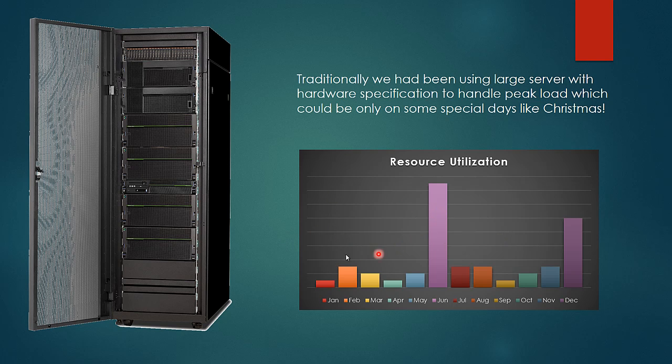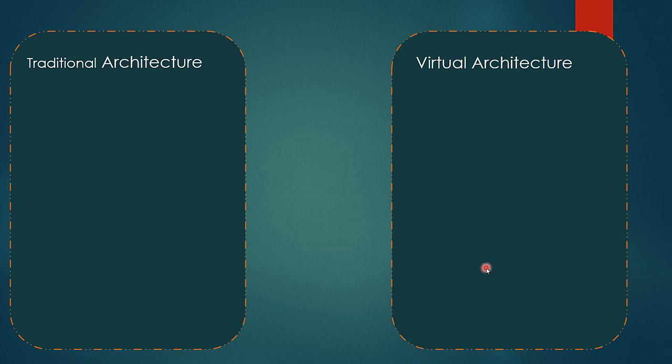This is where we lose a lot of our capital as an organization. We own the infrastructure throughout the year, and it was underutilized. To mitigate this type of wastage, they introduced something called virtual architecture.